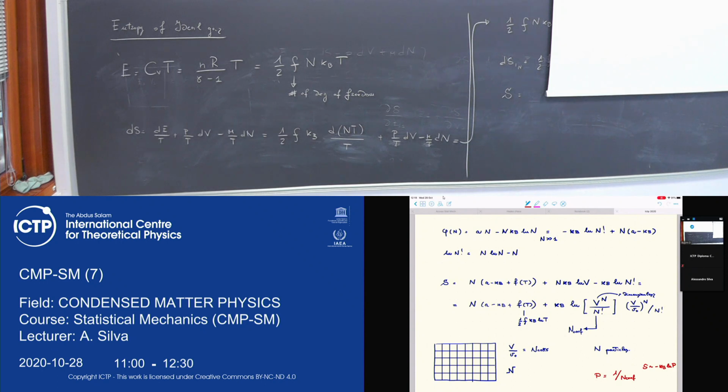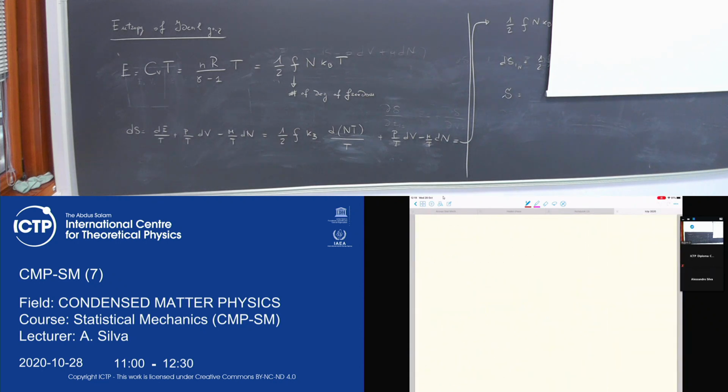All right, so we still have 15 minutes, and then I have to go pick up my kids at school. So what I wanted to do now is an exercise to show you how all these various relations for entropy, specific heat, etc., that we found for the ideal gases work in the context of non-ideal gases.